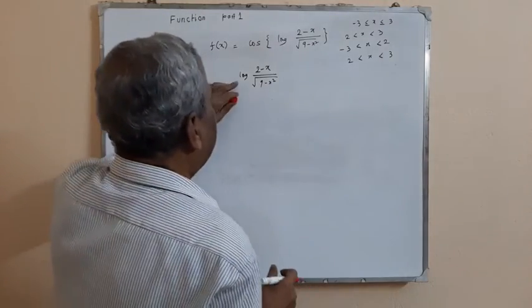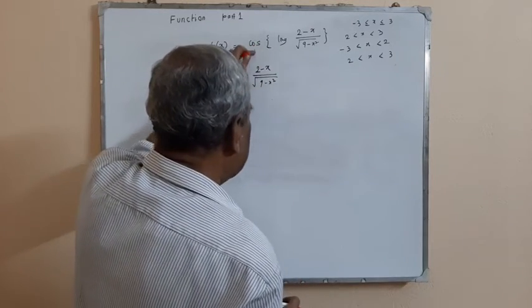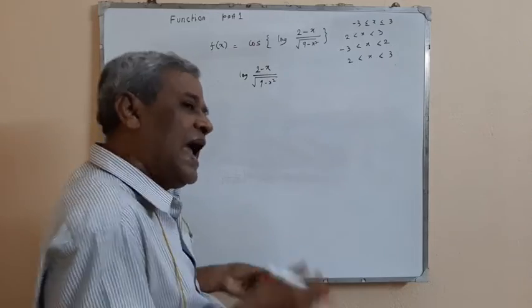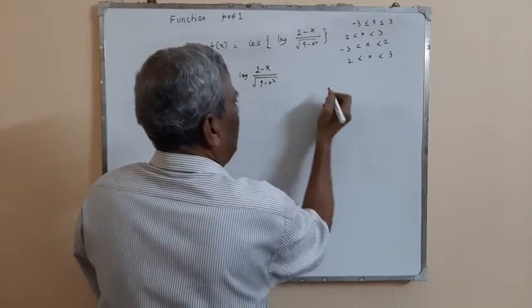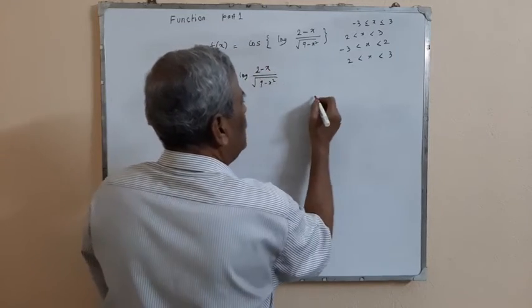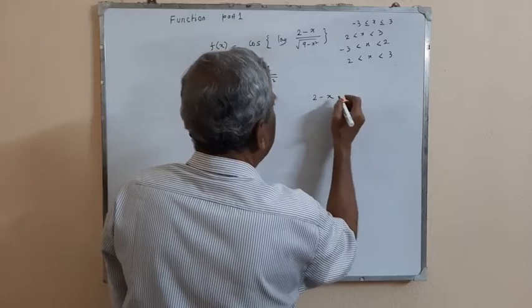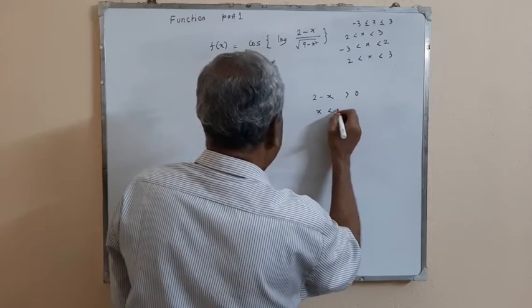For the log, the thing inside must be positive and real. 2 minus x is positive means x is less than 2.